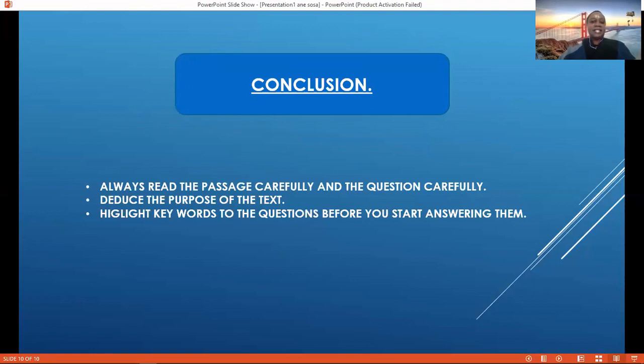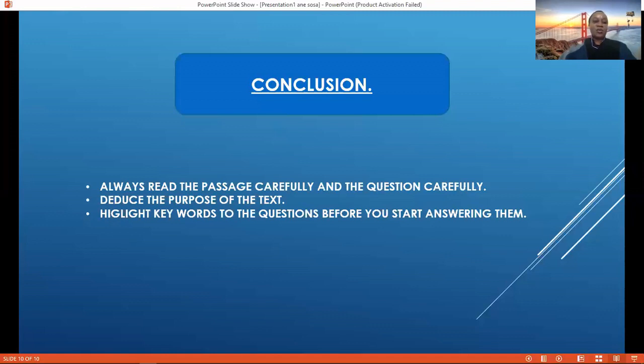Reading is an integral part of getting the correct information and answering the questions correctly. Read the passage carefully. We cannot only begin by answering questions before we read. I have seen many people just jumping to answering questions before they read.